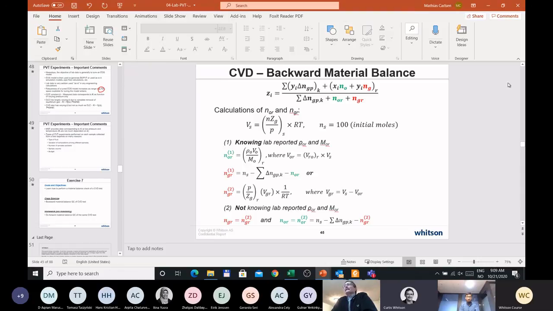numbers. I think a lot of people pay a lot of money for the lab reports. They see a lot of numbers with a lot of significant digits that are often certainly not justified.